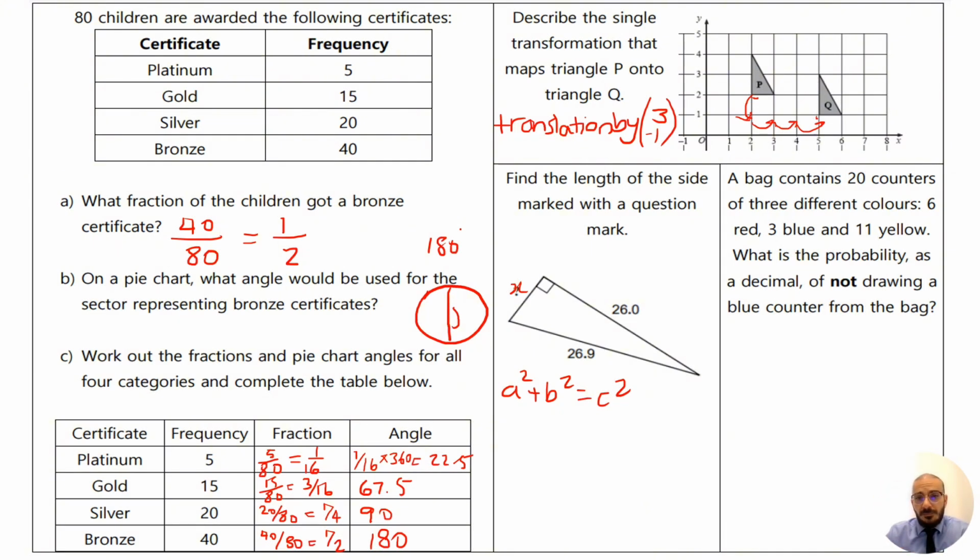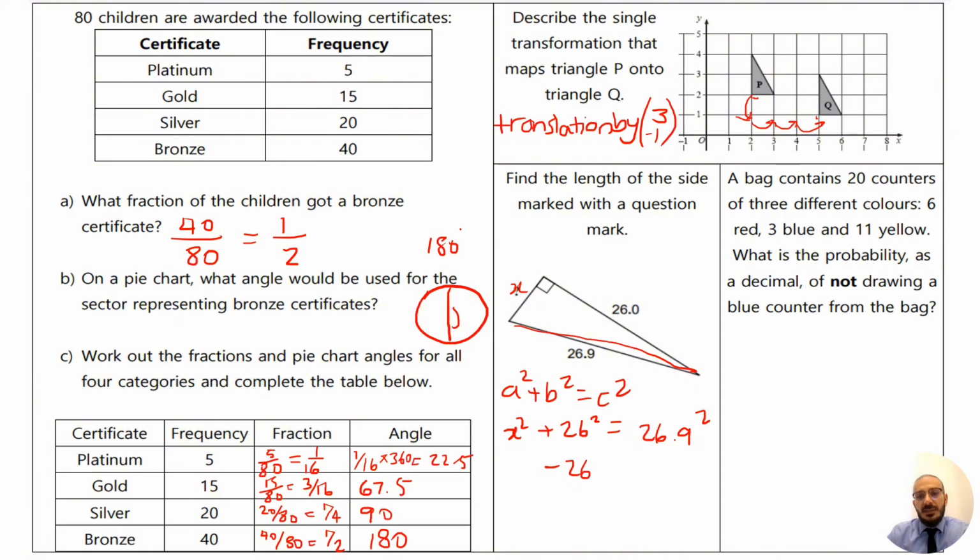So it's going to be x squared plus 26.9 squared is equal to 26 squared. No, sorry, let me start again. This is 26, so this is going to be x squared plus 26 squared. And this is the hypotenuse, therefore it's going to be 26.9 squared.